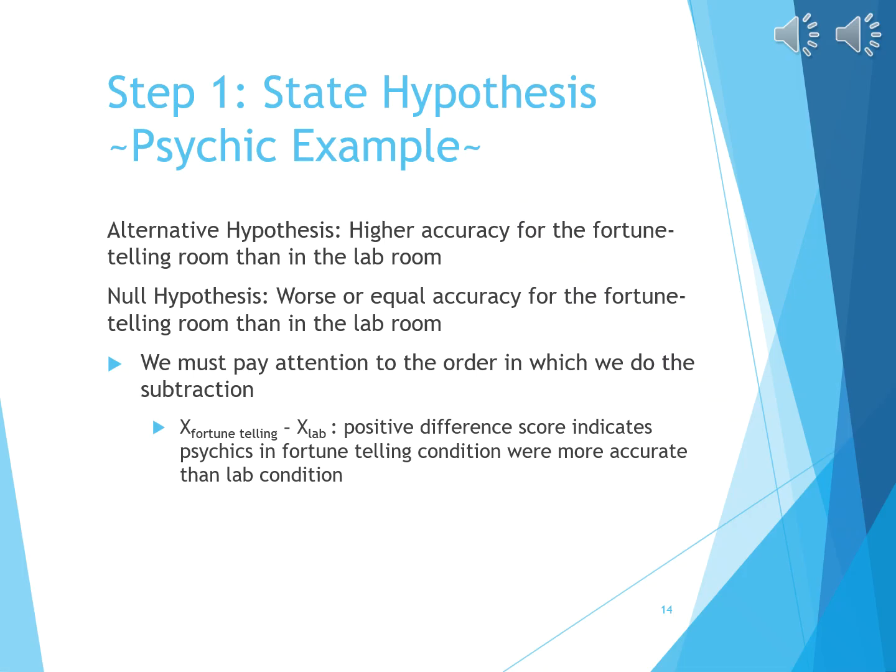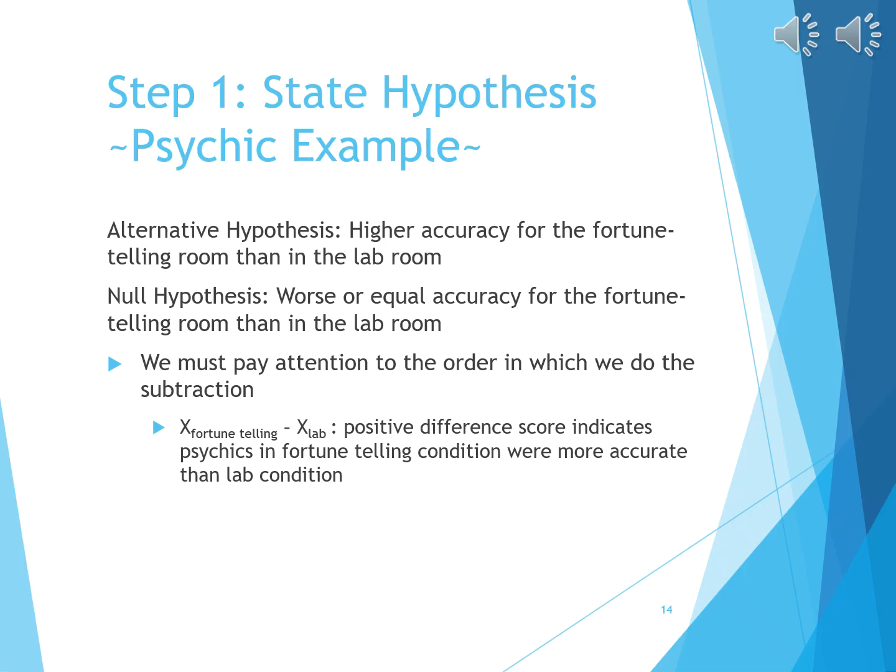And we want to pay attention again to the order in which we do the subtraction of the difference scores. If our alternative hypothesis is that we're thinking they'll have higher accuracy in the fortune-telling room, we probably want to start with that number first, because then if you subtract the accuracy in the lab room, you're expecting positive difference scores, which will indicate that yes, indeed, they do better in the fortune-telling condition.